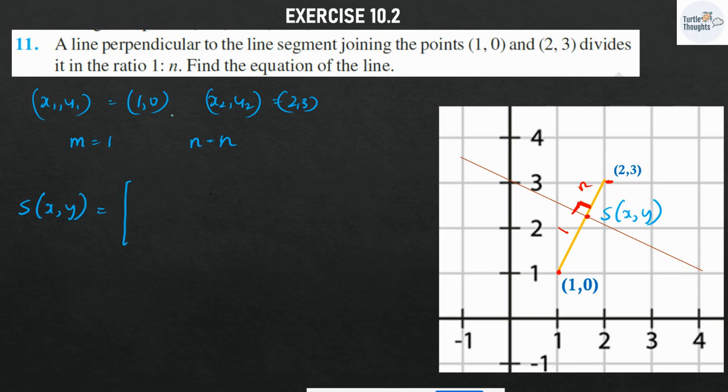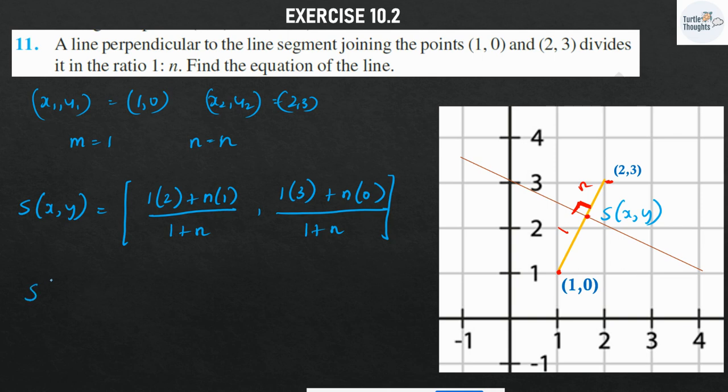It is given by (1 into 2 plus n into 1) whole divided by 1 plus n, comma, (1 multiplied by 3 plus n multiplied by 0) whole divided by 1 plus n.